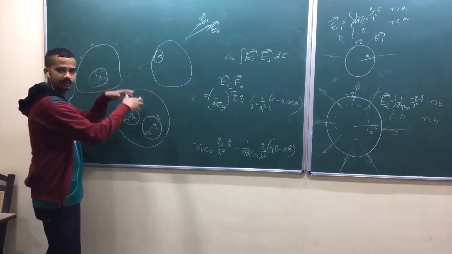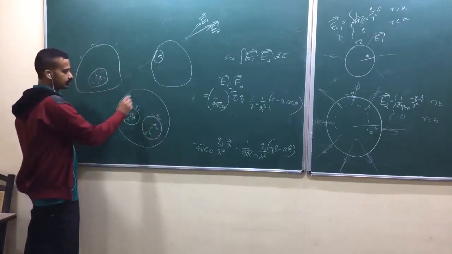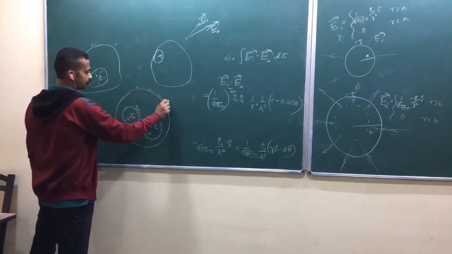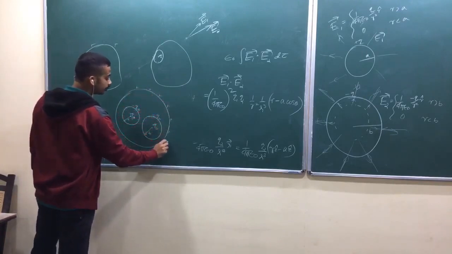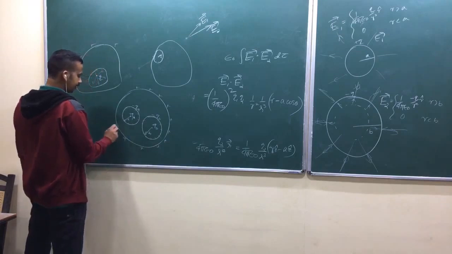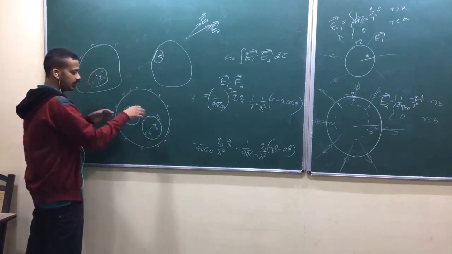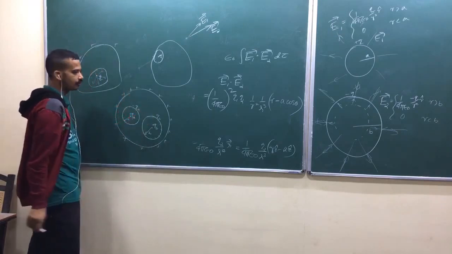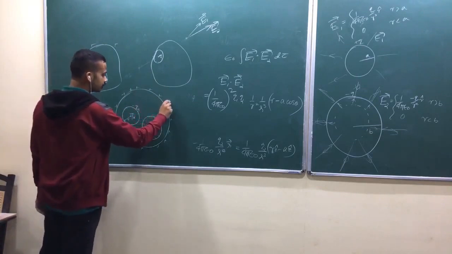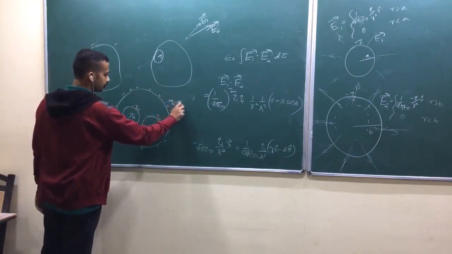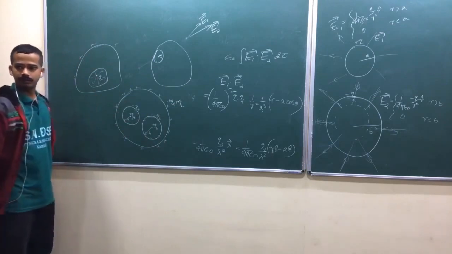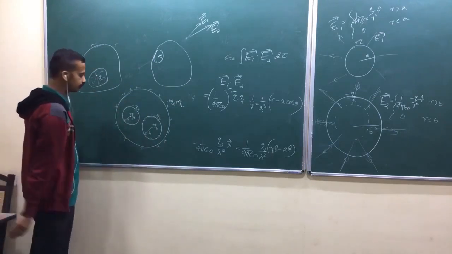These charges must have been taken from the outside, so outside you will have positive charge, the net charge being QA plus QB. Because the total negative charge inside is minus QA minus QB, outside you should have plus QA plus QB. That's the net charge, and because the surface is uniform, it should be uniformly distributed.